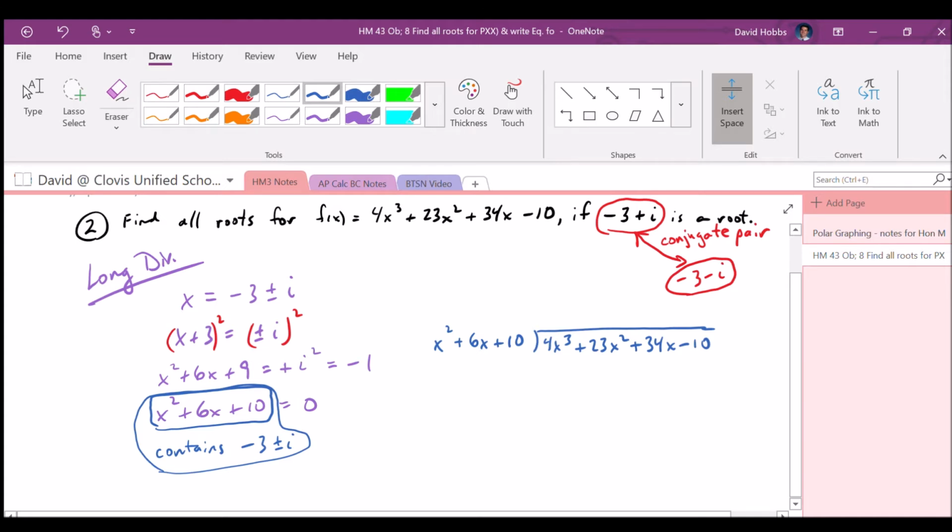Okay, what times x squared gives me 4x to the third? Well, 4x times x squared, 4x cubed, plus 24x squared, plus 40x. And what is it we do right now? We are going to subtract.